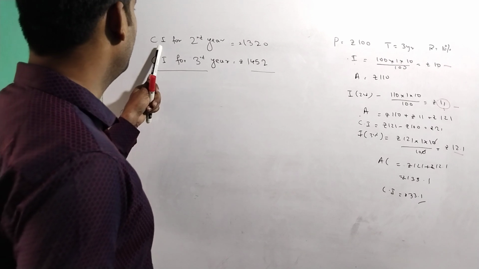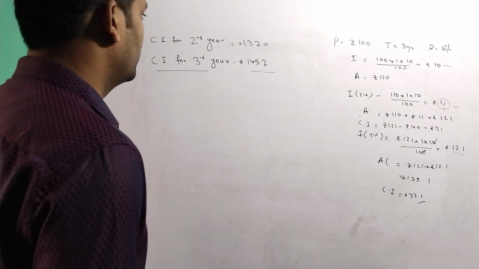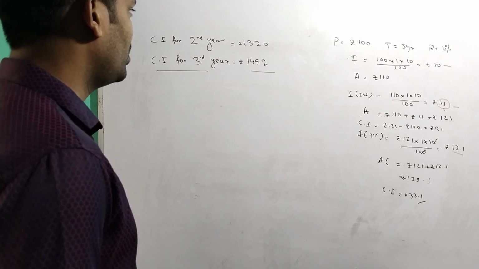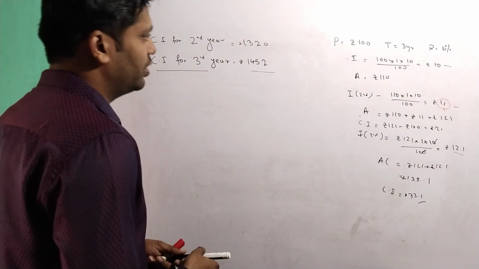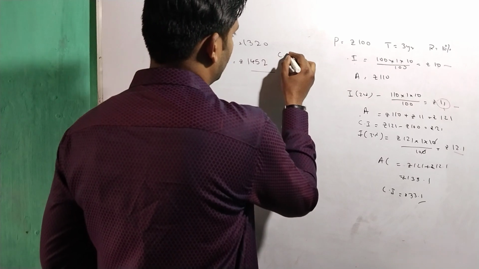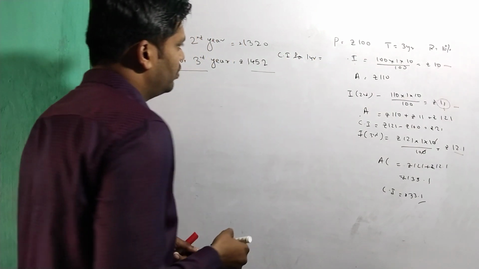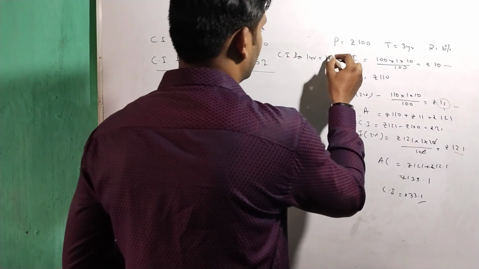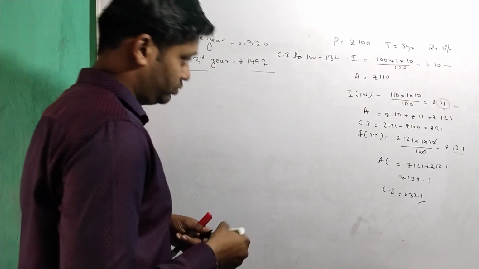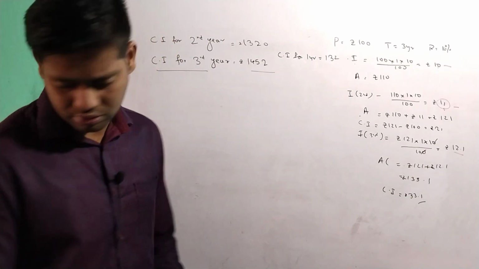They gave me compound interest for 2nd year and 3rd year. Compound interest for 1 year I have already obtained. So CI for 1 year is 132, no? Now I am having compound interest for 1 year.